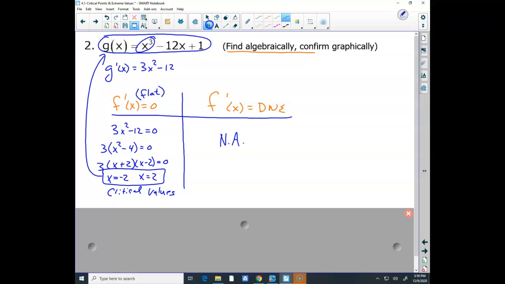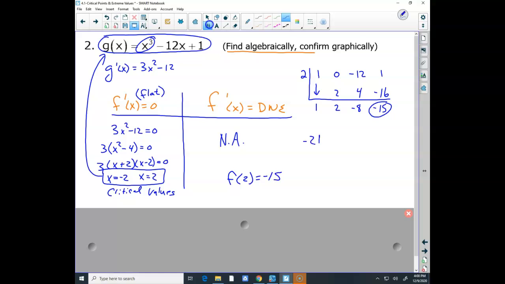As a reminder, I'm going to pump a 2 through synthetic division really quick, because a lot of times this is going to save you time from defining a function. 2 times 1 is 2, plus 0 is 2, times 2 is 4, plus -12 is -8, times 2 is -16, plus 1 is -15. So f of positive 2 equals -15.